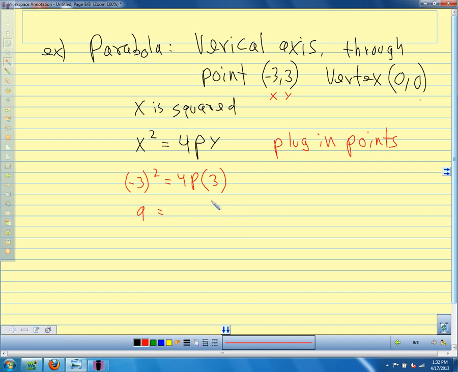So 9 equals 3 times 4 is 12, 9 equals 12p. And I divide by 12. And p equals 9/12, and I can reduce 9/12 to 3/4.